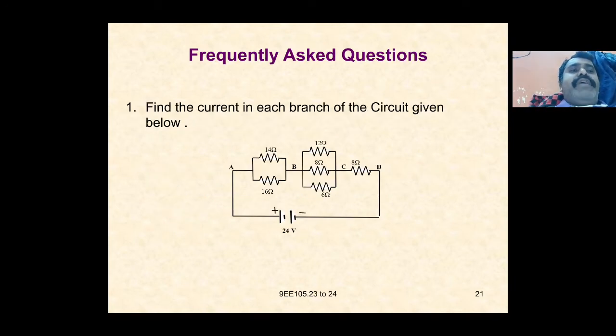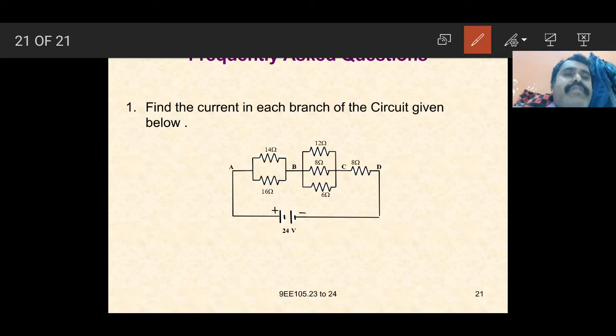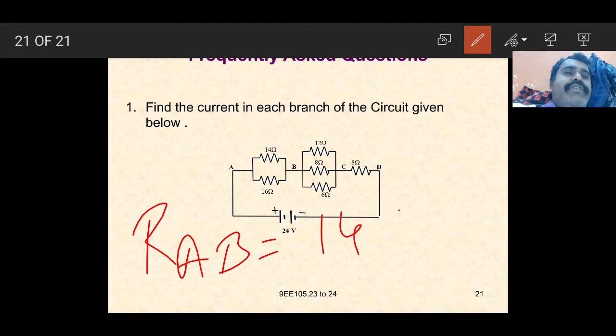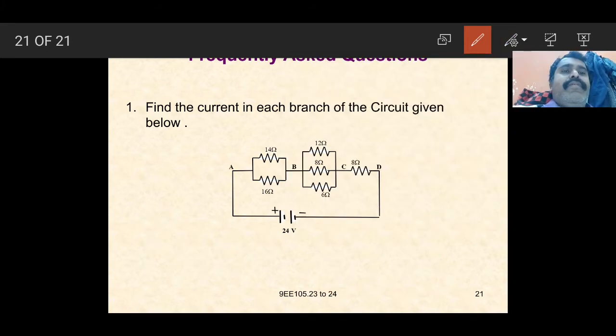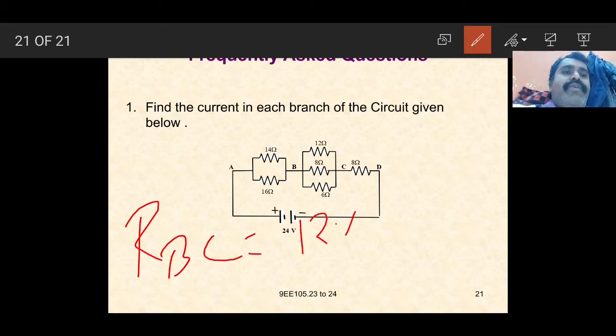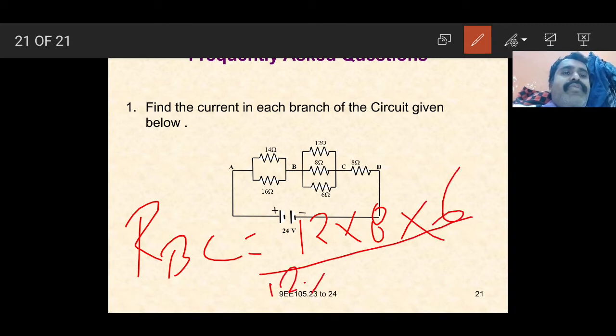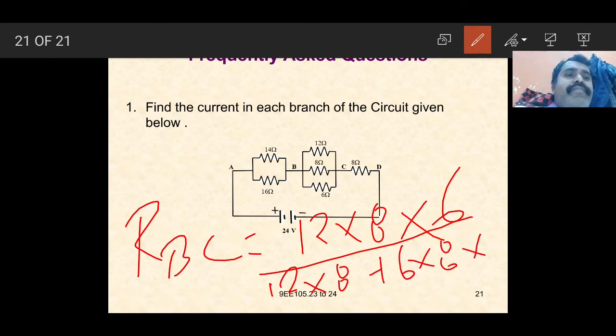Find the current in each branch of the circuit given below. First we have to find RAB, which is equal to 14 into 16 divided by 14 plus 16, and we get some value. Next we have to find RBC, which is equal to 12 into 8 into 6 divided by 12 into 8 plus 6 into 8 plus 12 into 6, and we get the RBC value.